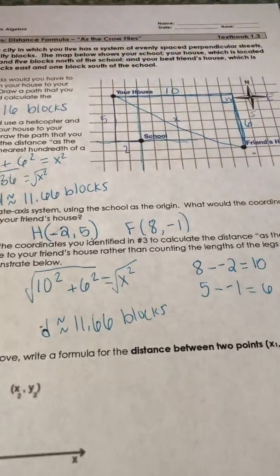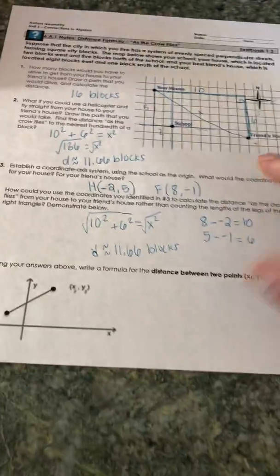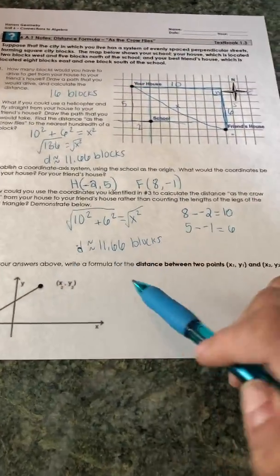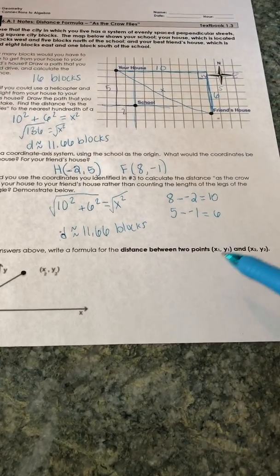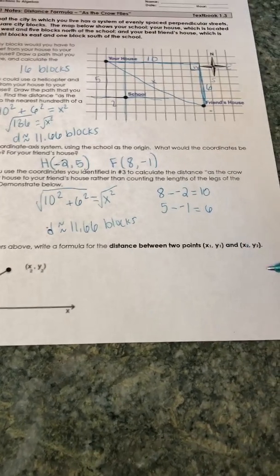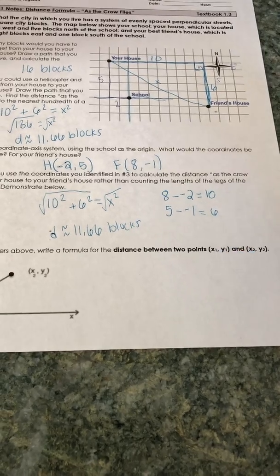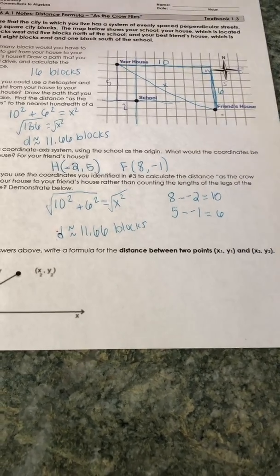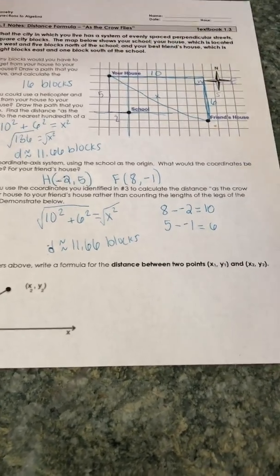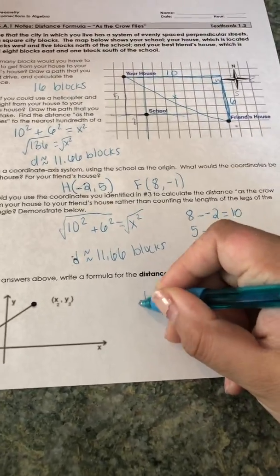That's where the distance formula actually comes from, because what we just did here says write a formula that will show the distance between any 2 points. So anytime you have 2 coordinates like this, which we have x1, y1, x2, y2, which are our general points, you can use the distance formula, which says d equals, and then there's this big square root all the way across.